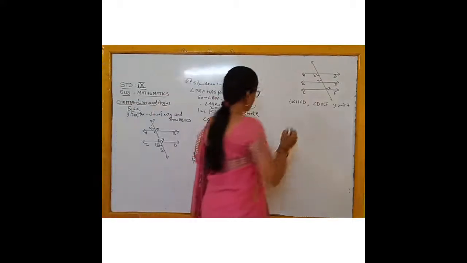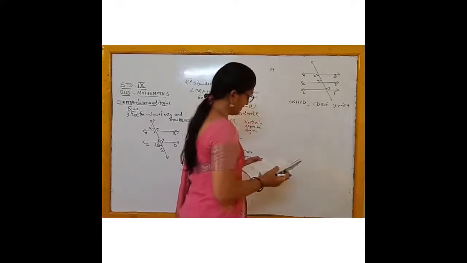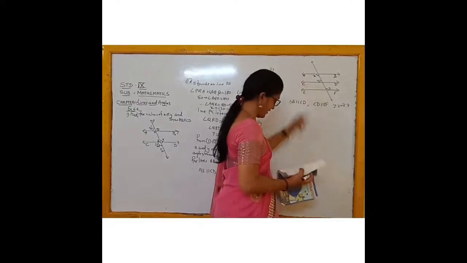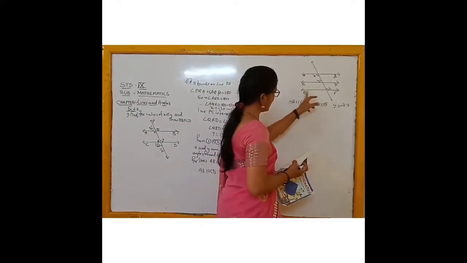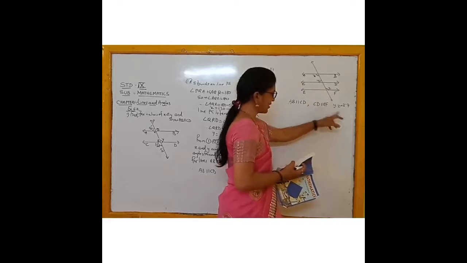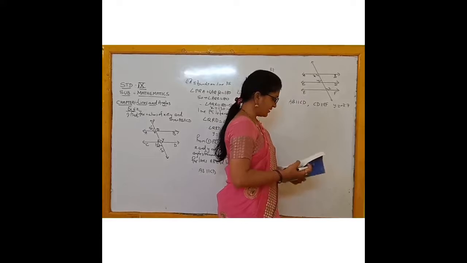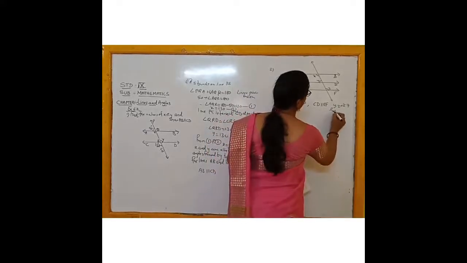Now this second question. What is given in the second question? Three lines are given. AB is parallel to CD, and CD is parallel to EF. This is given, and the ratio y to z is 3:7. Now you have to find the value of x. Find x.